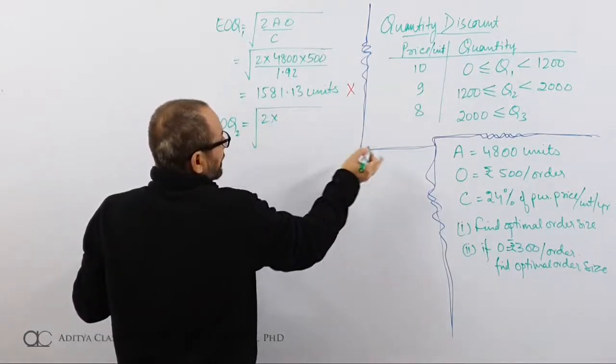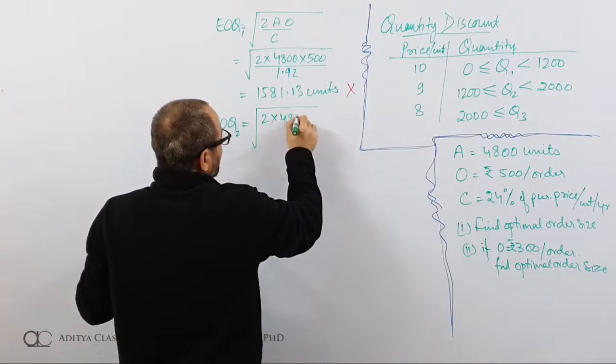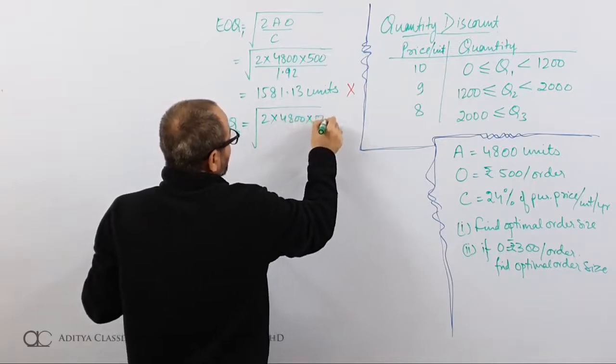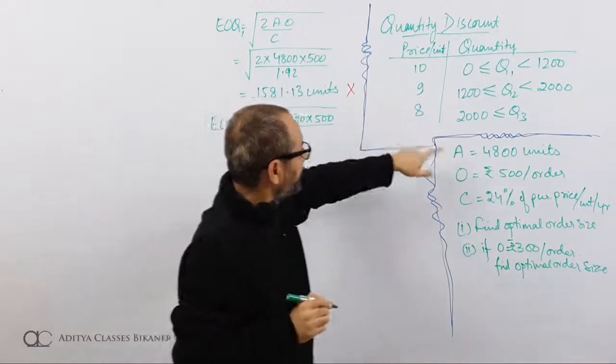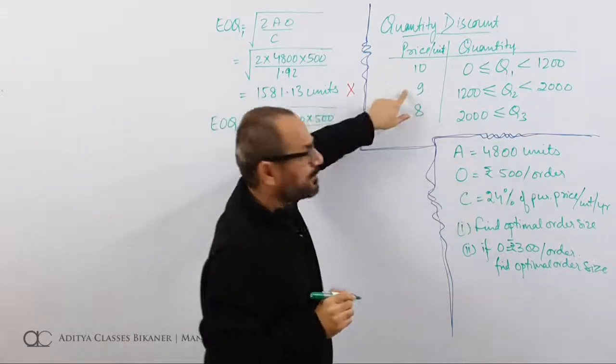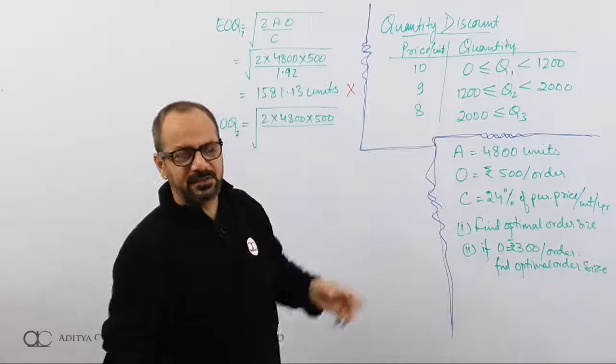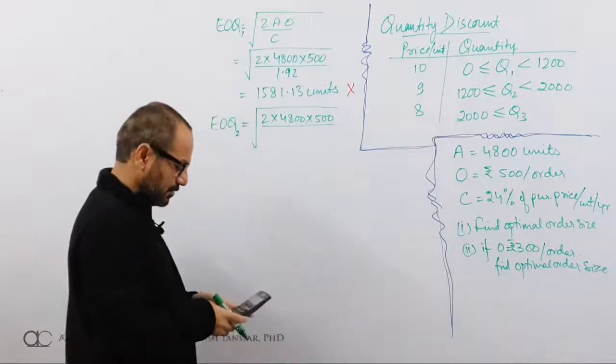2, A is 4800, O is 500. C would be 24% of purchase price. This time I am assuming the purchase price to be 9 rupees.